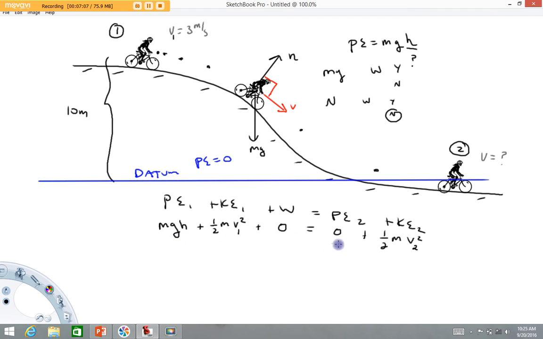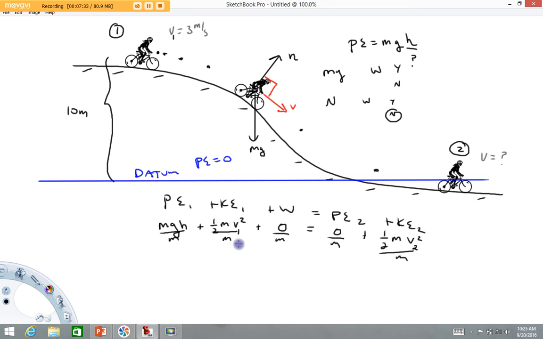So this is the resulting work energy equation, which can be pretty easily solved, I'm hoping. We don't really need the zeros, and notice there's a mass in every term. I get asked a lot about how we know when the mass divides out. The answer is this: can you divide every term by the mass and have nothing left? 0 over m, 0 over m, this term over m.